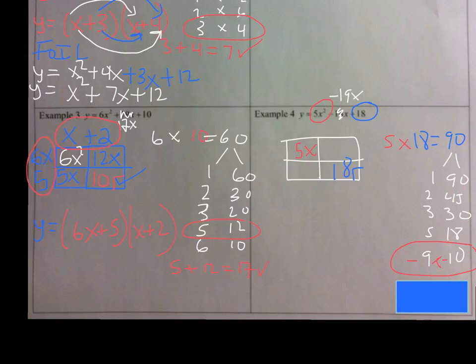And if we were to, I'm going to move this box to the side for a second. And if we were to add these two, we say negative 9 minus 10, that will give us a negative 19, which is what we wanted up here. So I'm going to put negative 9x on the bottom left and a negative 10x on the top.